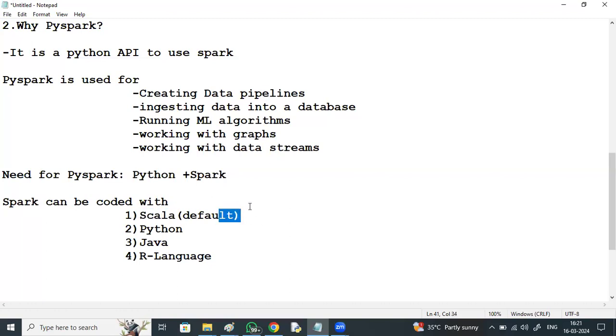Previously, in the years 2016, 17, 18, 19, the Scala language was mostly used for implementing Spark. But these days, because of ML algorithm applications, Python is mostly chosen. Even industry is choosing Python. Whatever you can do using Scala, you can do using Python also.